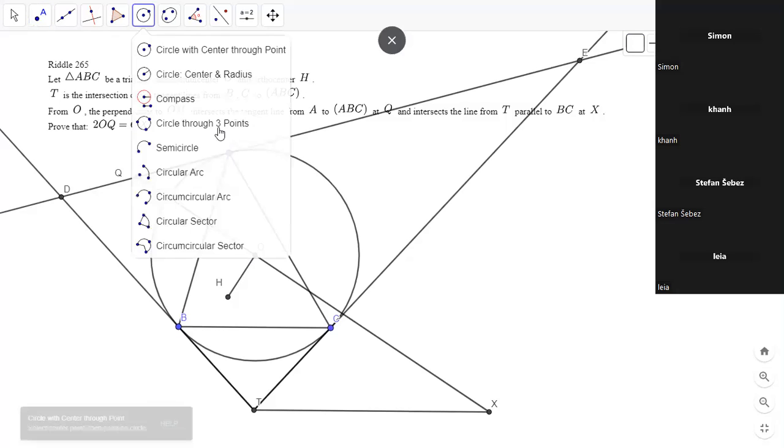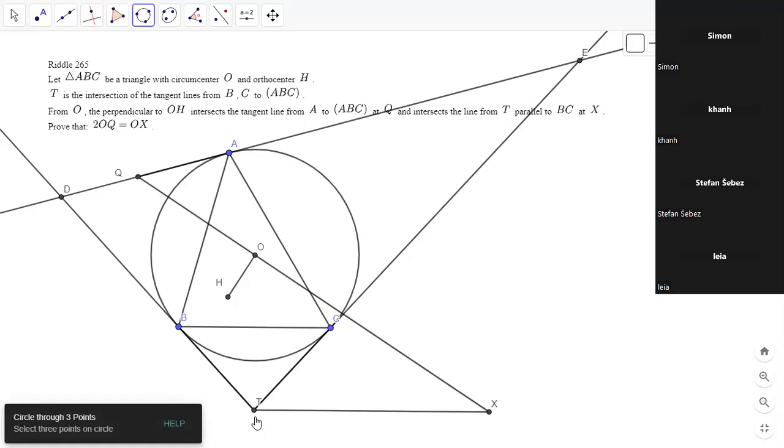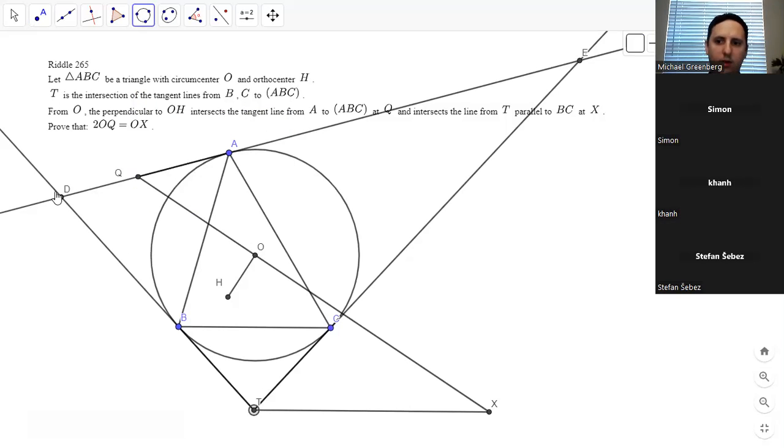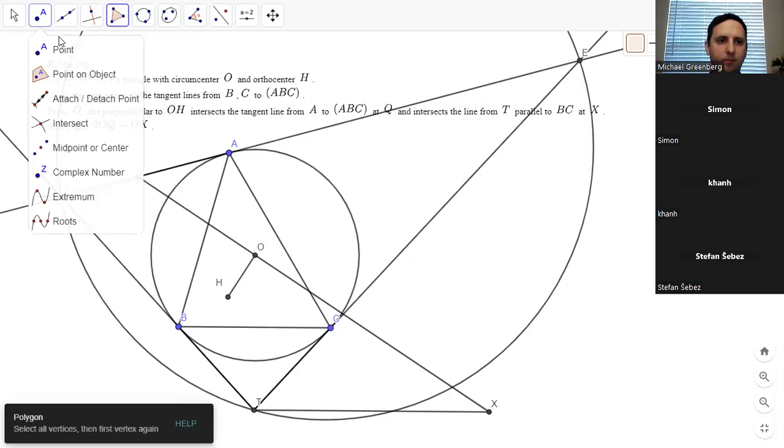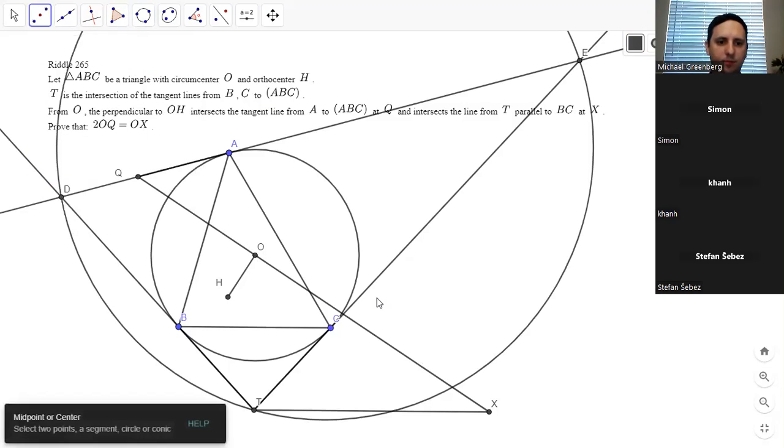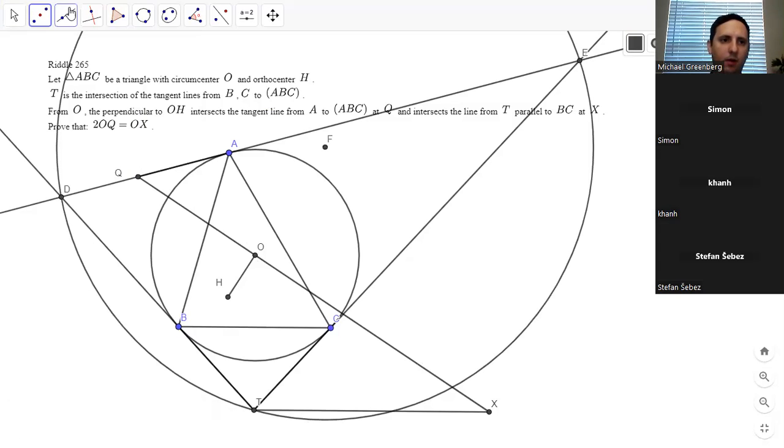And that lies on OH. That is a well-known thing. And it is just easier to work with the circumcenter and incenter instead of the orthocenter of that triangle.